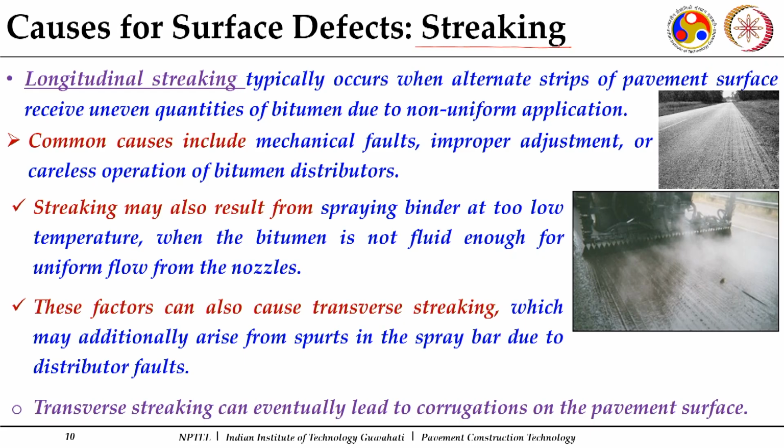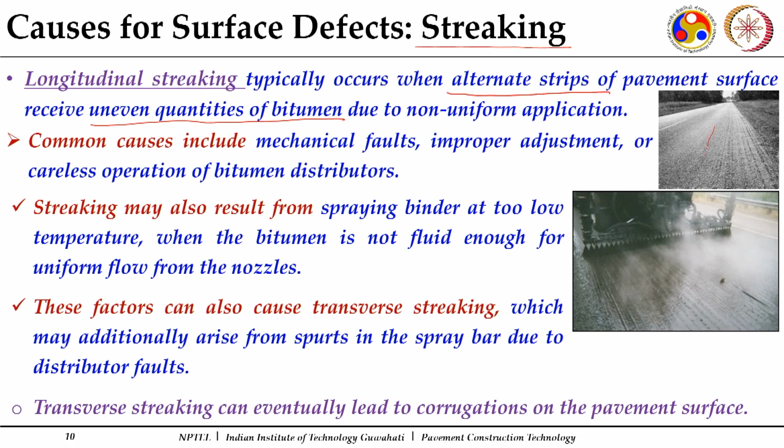This is again a distress which comes under the surface defects, and specifically longitudinal streaking is observed. We can have transverse streaking also, but most commonly we observe longitudinal streaking. What we see during these streaks are alternate strips of pavement surface which receive uneven quantities of bitumen.